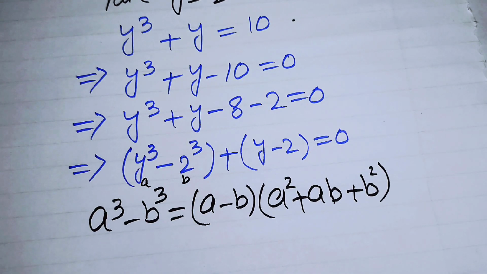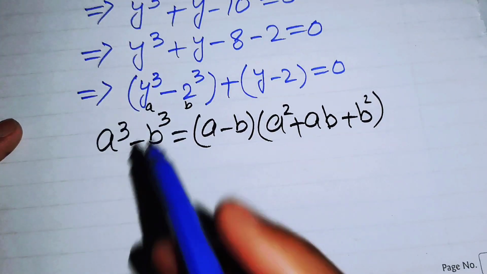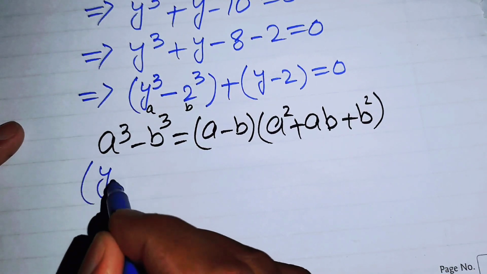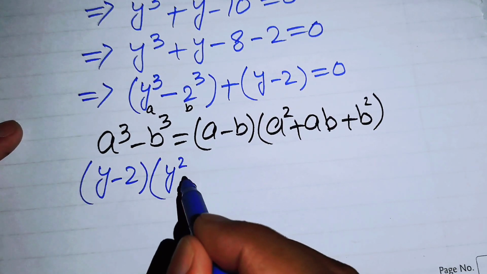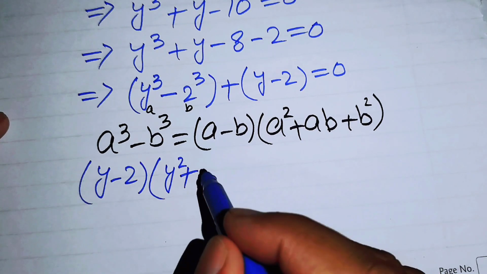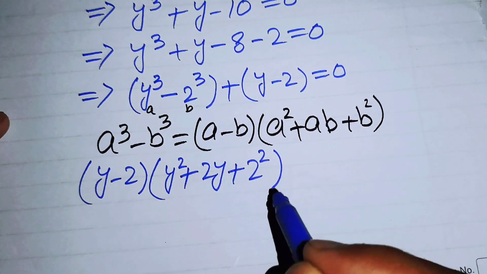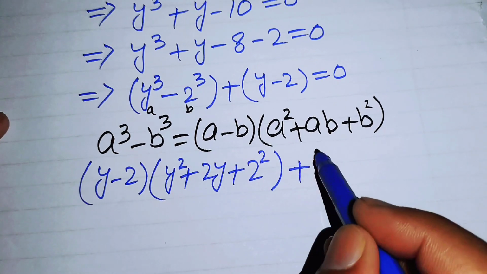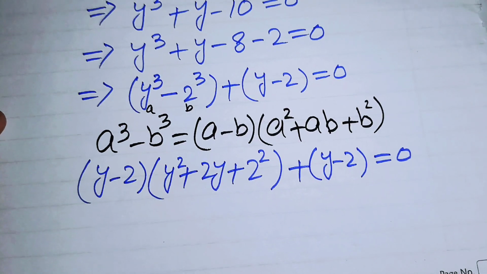So you put the values of a and b in this formula, and you get y minus 2 times y squared plus 2y plus 2 squared, and here you have plus y minus 2 is equal to 0.